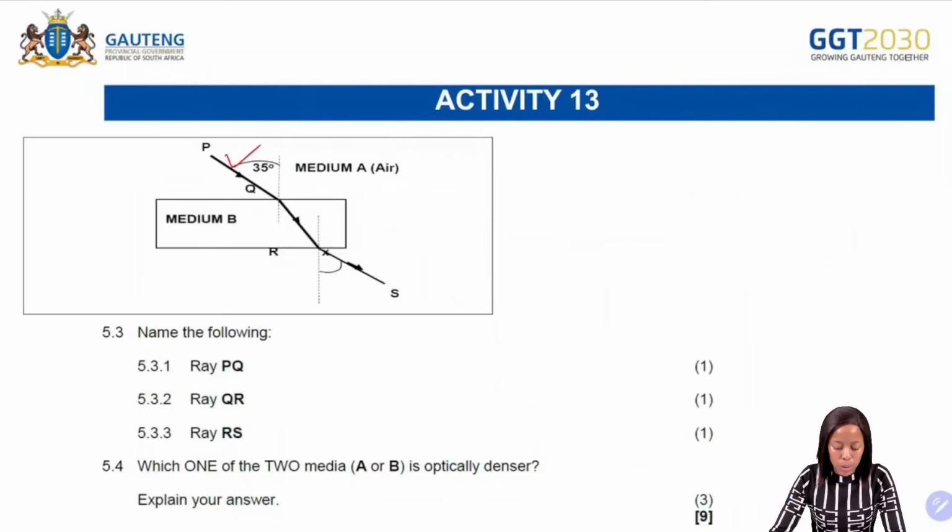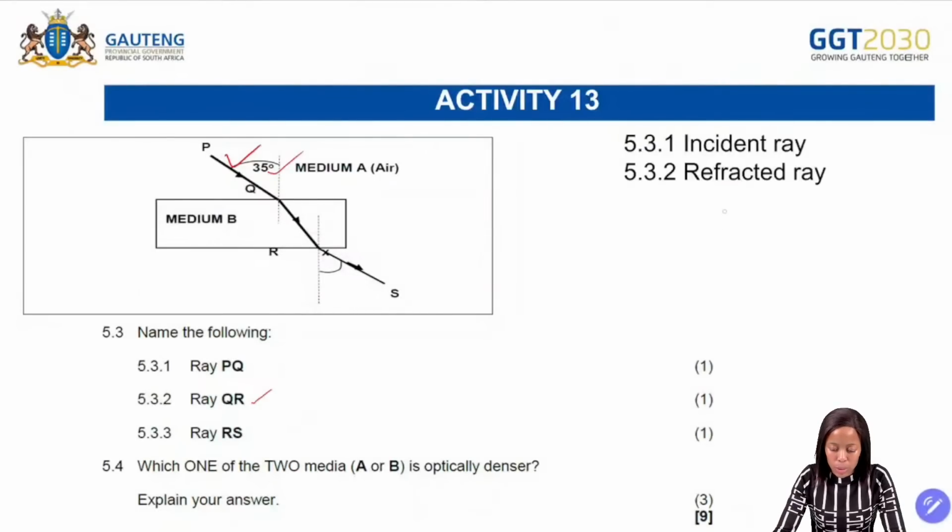Now it says name the following. Ray PQ, what is it that we have? We said the angle is the angle of incidence. So therefore, the ray will be the incident ray. And then ray QR, we are going to have the refracted ray. So this one will be the angle of refraction.